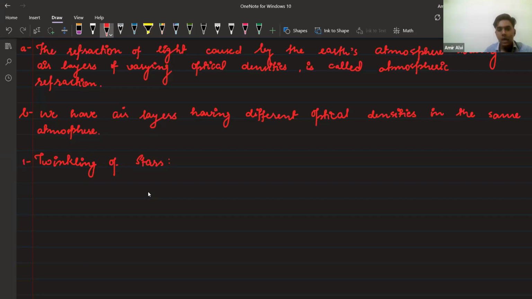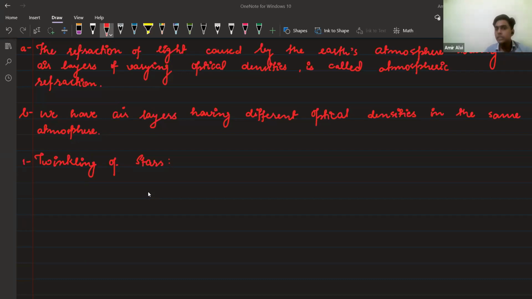Basically, twinkling of a star is not actually happening. Stars do not twinkle at all. The first reason is that it is due to atmospheric refraction. The main reason is that the continuous change in the atmospheric densities increases or decreases the amount of light coming towards the eye.